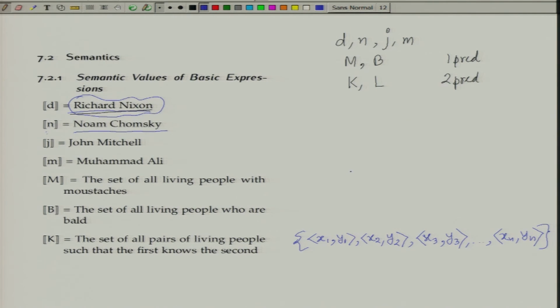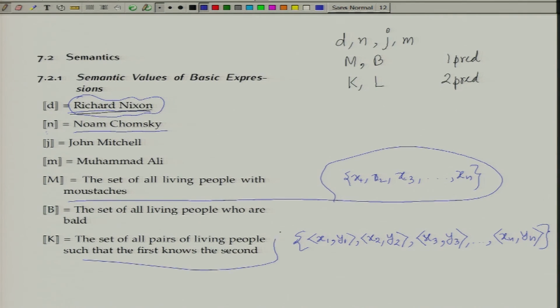But these are sets like this, which will have x1, x2, x3 through xn. So, these sets, the references of two-place predicates, will look like this, whereas this is given.